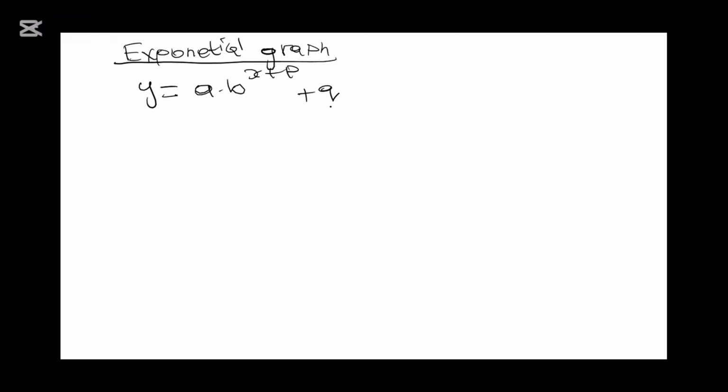And our exponential graph has only one asymptote. So exponential has only a horizontal asymptote, where y is equal to q. That is your asymptote.